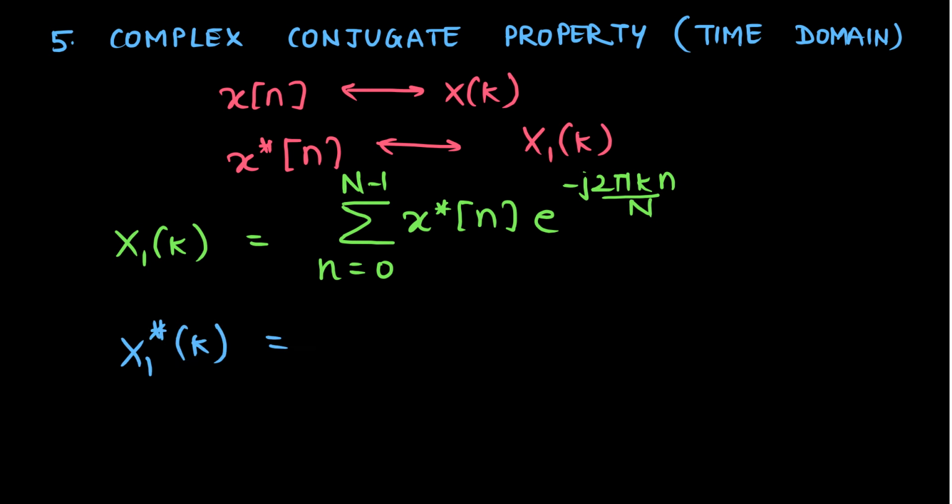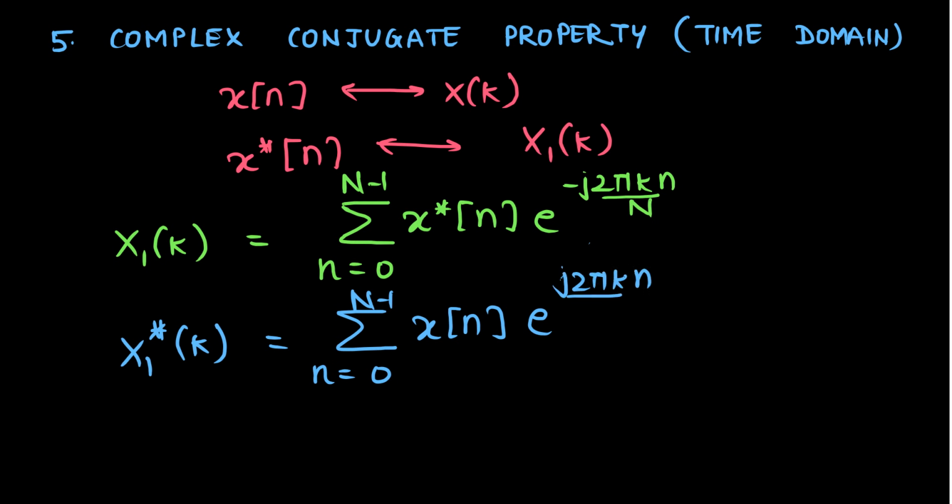Which is given as summation n running from 0 to n minus 1. So conjugate of conjugate would be the original signal, that is x of n, and if we take the complex conjugate of this factor, we are going to get a sign change here. So we have j 2 pi k n by n.